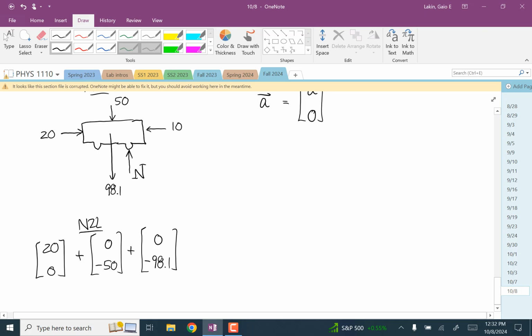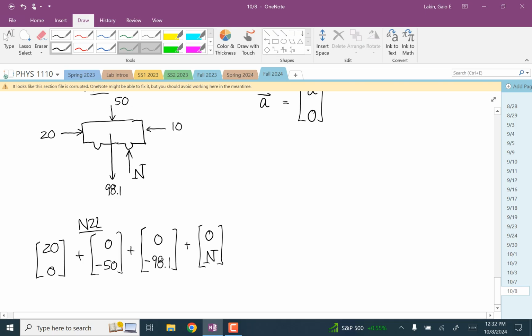Then we have the normal force in the positive y direction. What's that one? 0, N. It's y, so it's 0, N. Yep. And then this one has a lot of forces on it. The last one is that 10 Newton force in the negative x direction.